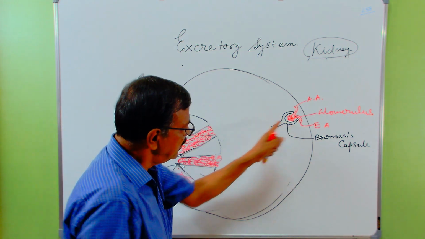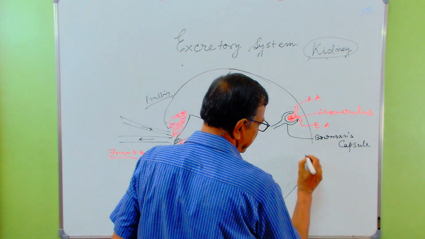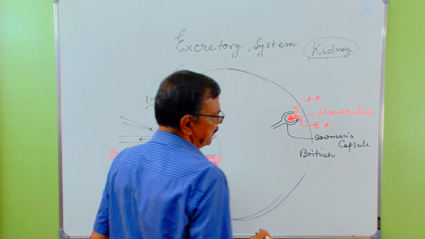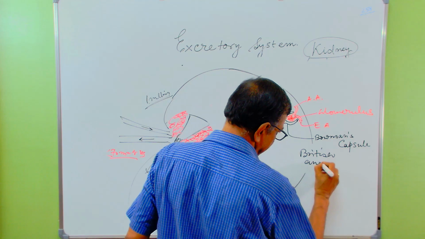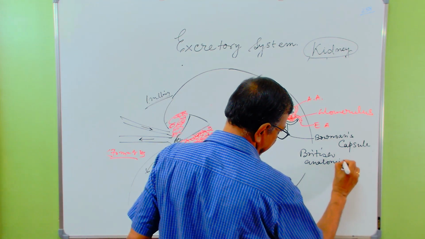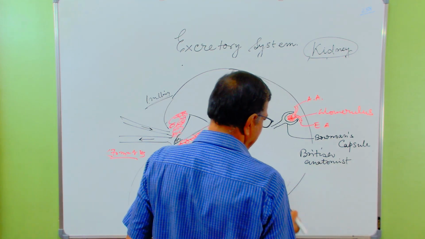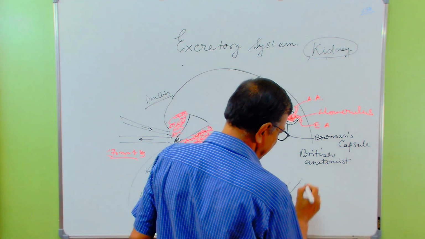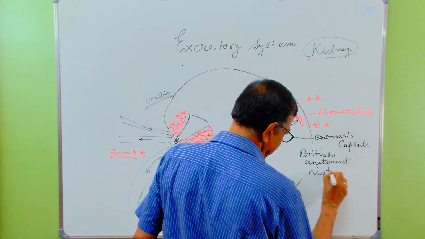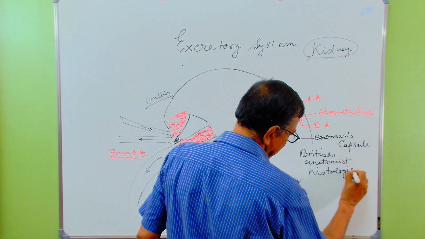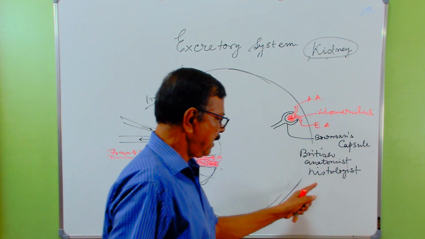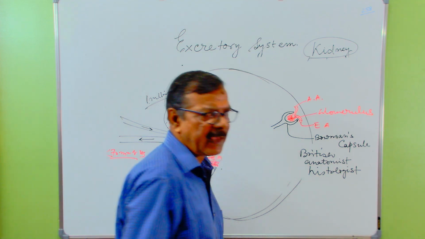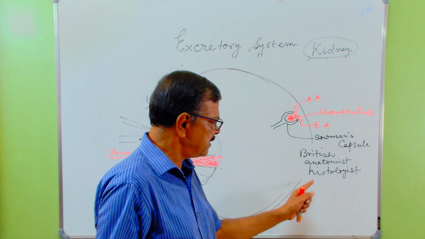This Bowman's capsule was discovered by a British anatomist and histologist, one who studies histology, that is, different types of cells, structures and muscles.